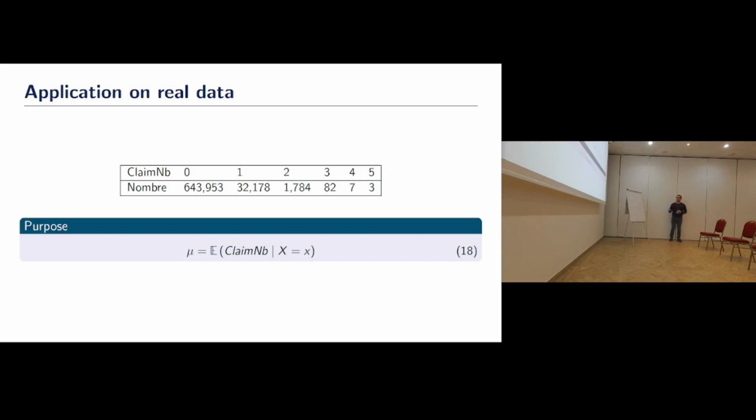We have 1,784 drivers with 2 claims in the year. We have 82 drivers with 3 claims in the year, and so on. So 7 drivers with 4, and 3 people with 5 claims in the year. And our goal is to have the expectation of claims for each driver based on his features.